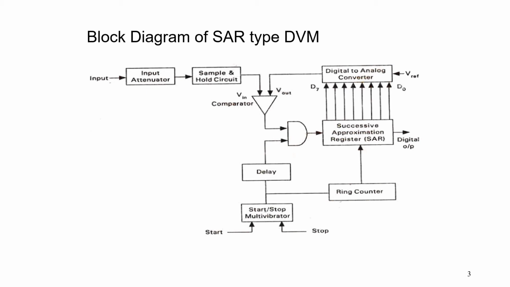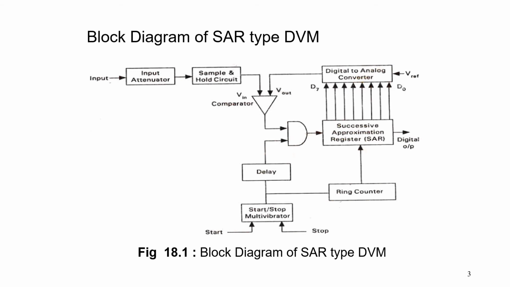The control register connects the value to the digital readout, which displays the digital reading of the input signal voltage. So input signal voltage is equal to V reference by 2 plus V reference by 4 plus V reference by 8, and so on, up to V reference by 256.